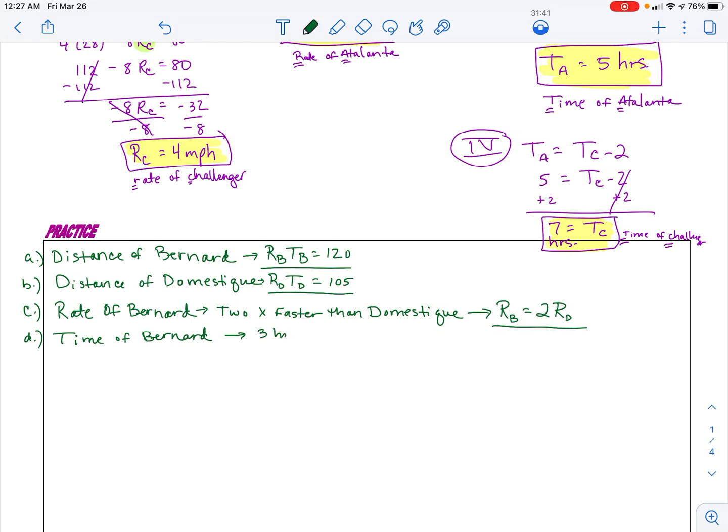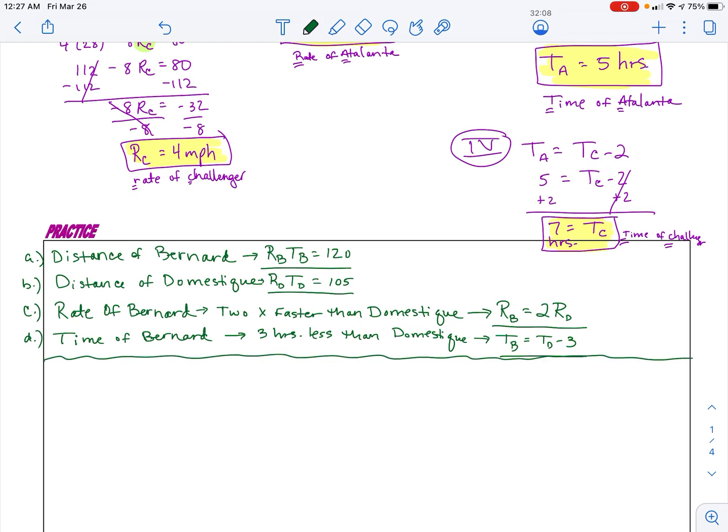So 3 hours less than domestique. How do I write that? So the time of Bernard is equal to 3 hours less than domestique. So take domestique's time and subtract 3. There's your 4 equations. So let's start. I'm going to put a little line here to kind of separate all this. And we're going to start with number 1.